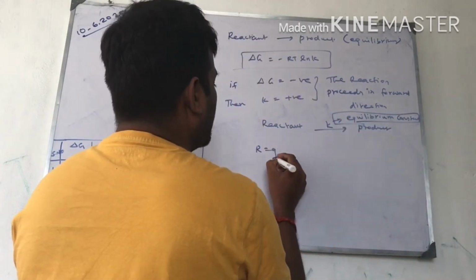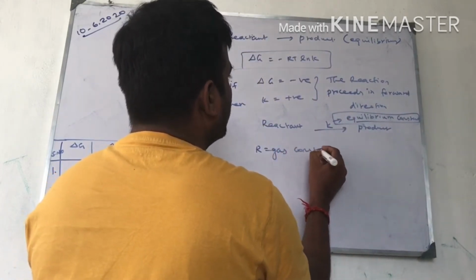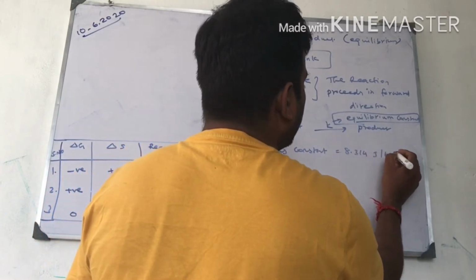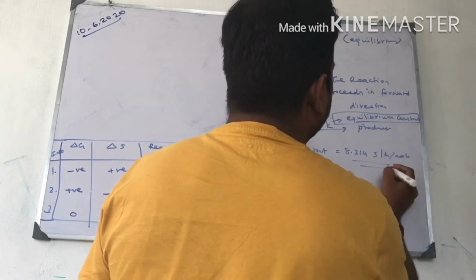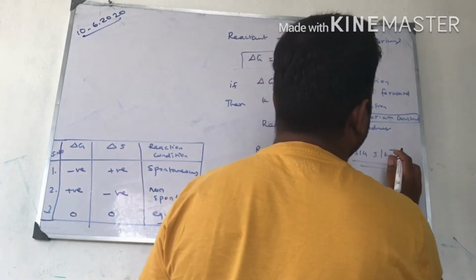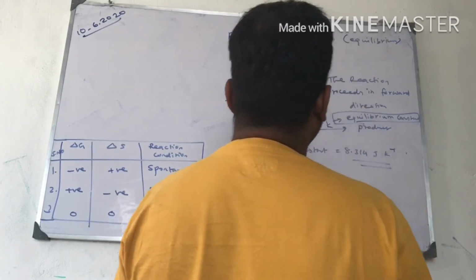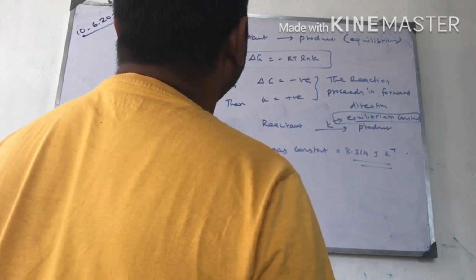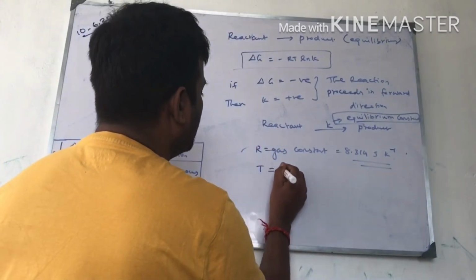R is the gas constant, which is equal to 8.314 joule per Kelvin per mole. This is the universal gas constant. T is equal to temperature.